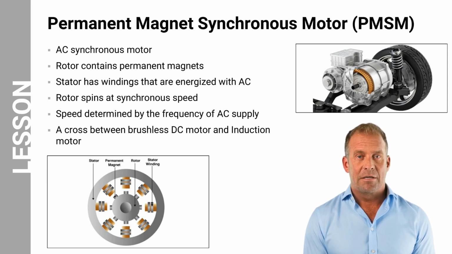When the AC supply is applied to the stator windings, it creates a rotating magnetic field, causing the rotor to spin at a synchronous speed determined by the frequency of the AC supply. This unique combination of permanent magnets and AC-energized stator windings allows PMSMs to achieve precise speed control and high efficiency in various applications.